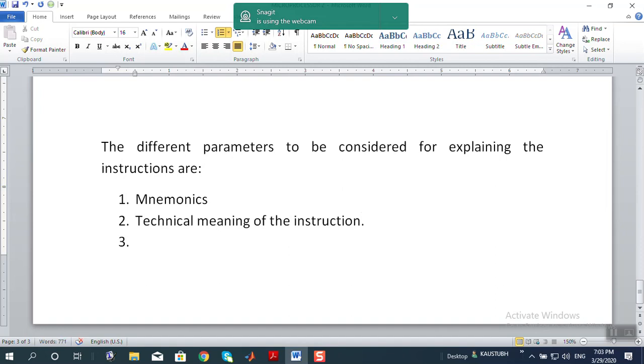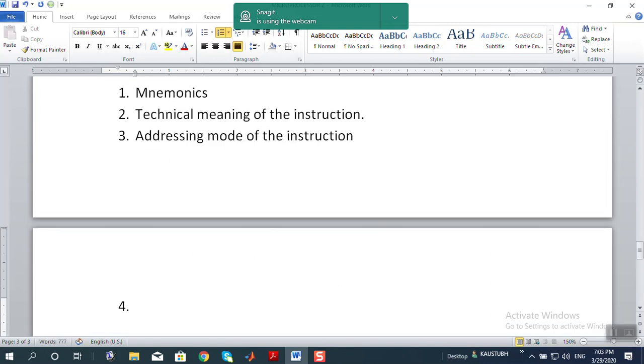Next we'll find out the addressing mode of that instruction. Next we'll consider the word size of the instruction.